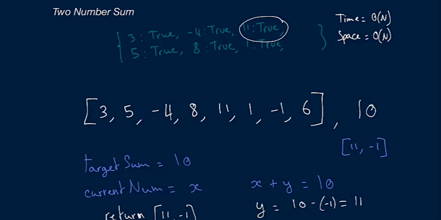So the space complexity is going to be O of n. If we had done this using just 2 for loops without a hash table, then we probably wouldn't have used additional space. We would have gotten constant space, but we would have gotten O of n squared time because of the double for loops and the double iteration through the array.